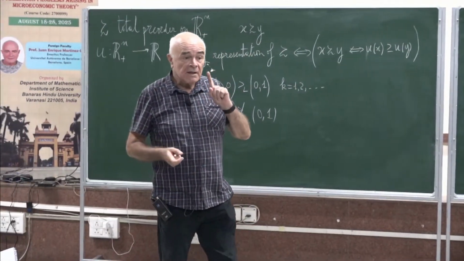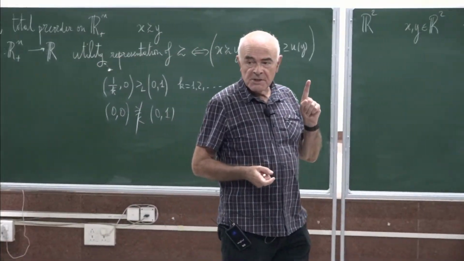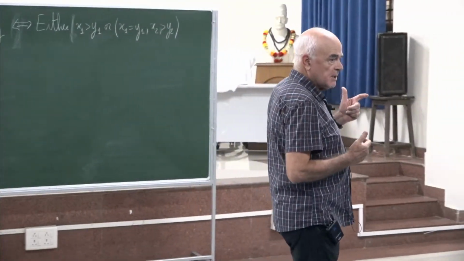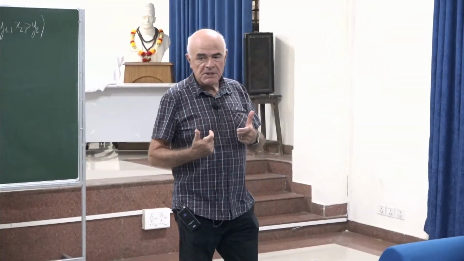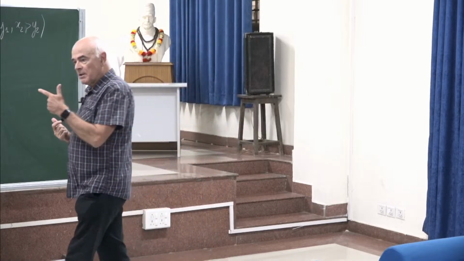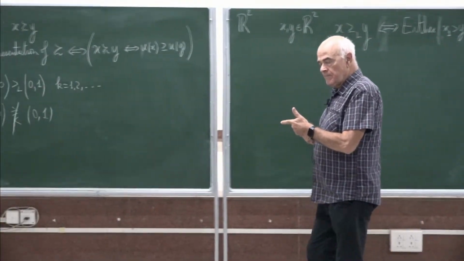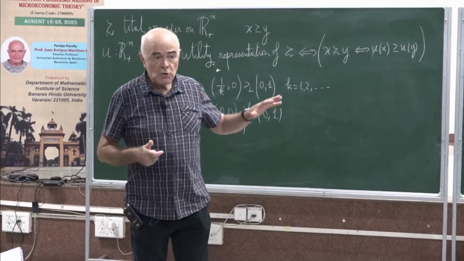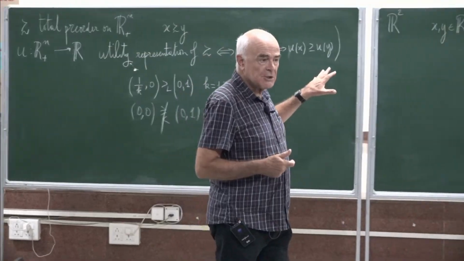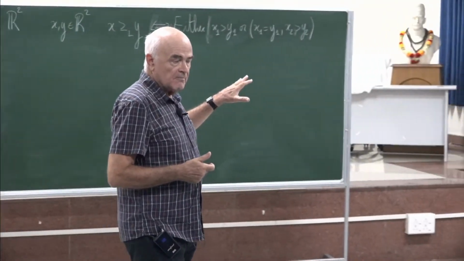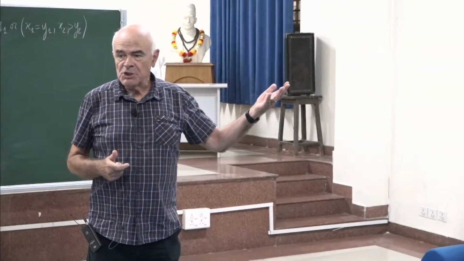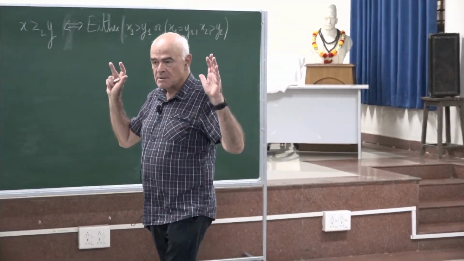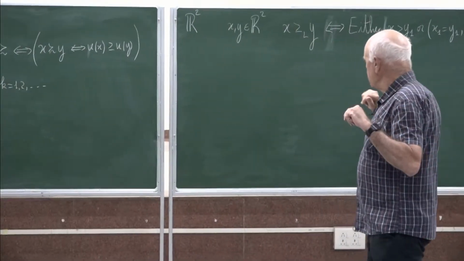We know that there is no continuous utility representation, because Debreu's theorem says there is a continuous utility representation if and only if the graph is closed. The preorder is not continuous. So no continuous utility representation can exist. But what about utility representations which are not continuous? In principle, they might exist, but they don't, as I'm going to prove.